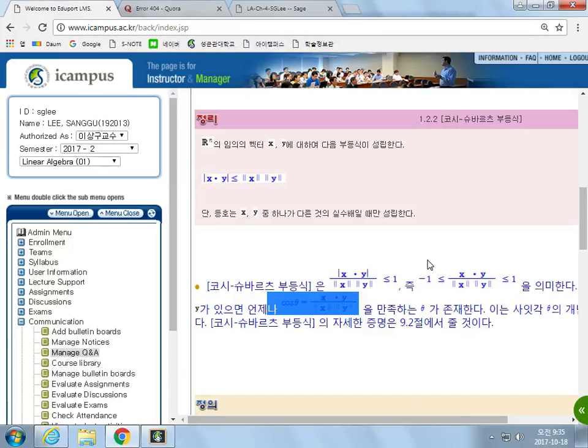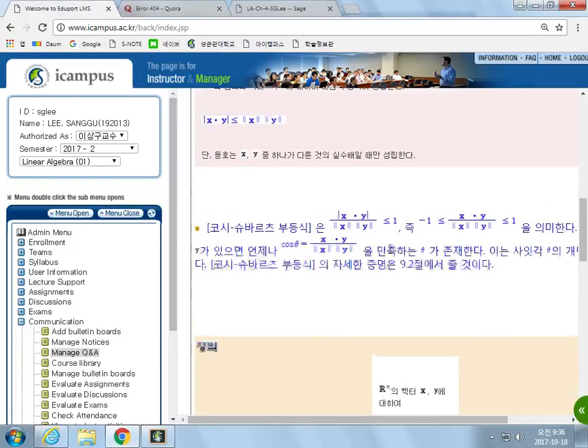We defined that theta is an angle between two vectors. These vectors can be polynomials, and these vectors can be matrices. So we can define an angle between two polynomials, or an angle between two matrices.